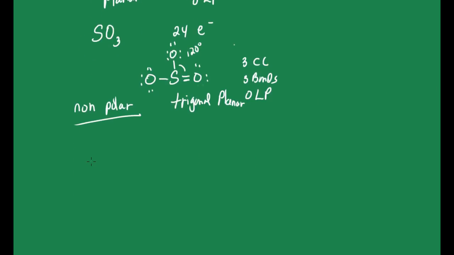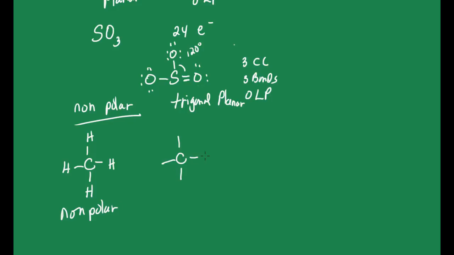Here's our favorite molecule, methane. And we know that this is tetrahedral, both the electron pair geometry and the molecular shape. And the carbon-hydrogen bonds are nonpolar, and therefore this molecule is nonpolar. Now, what about this one?